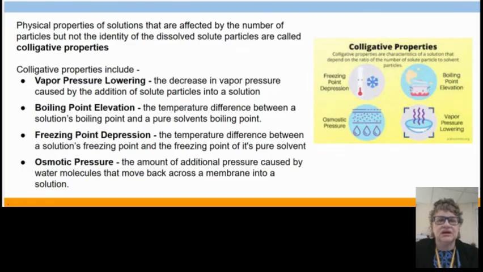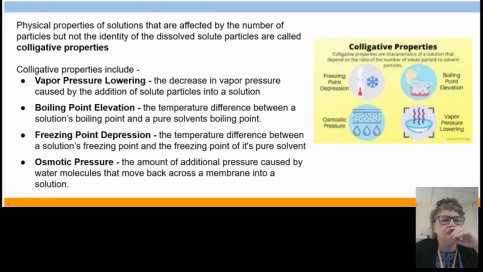What that means is if I dissolve sodium chloride, table salt, into water, the salt ionizes and becomes sodium ions and chlorine ions, but they still retain the properties of salt.